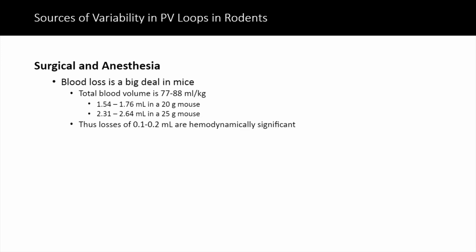When we're doing PV loops, I generally will not do them on mice that are smaller than 20 grams for a couple of reasons. One, the hearts are too small. But two, they have so little blood volume that even with the normal surgical procedures you can end up losing a fair amount of volume, and that can be a hemodynamic problem when you're coming to measure your PV loops.